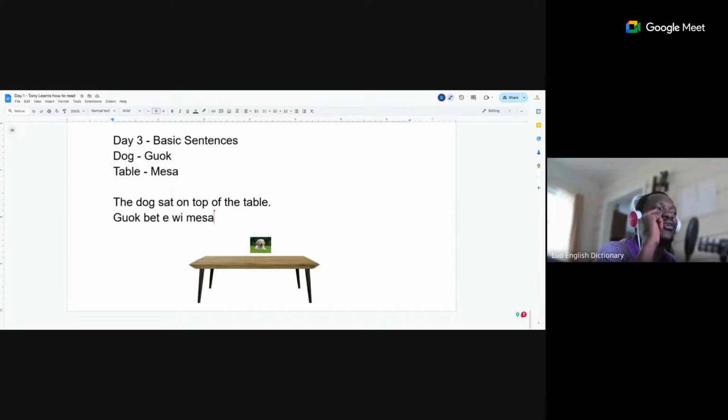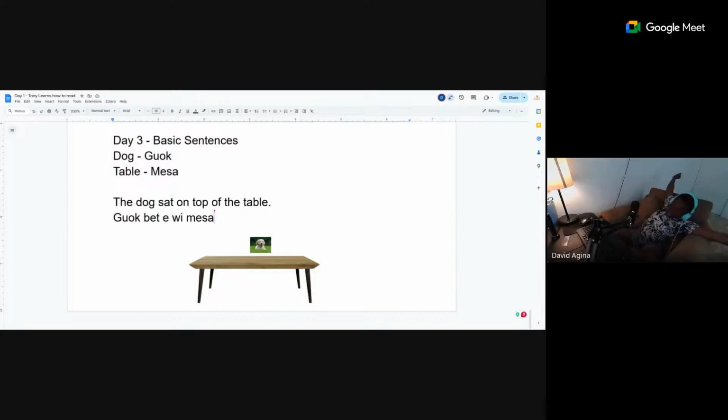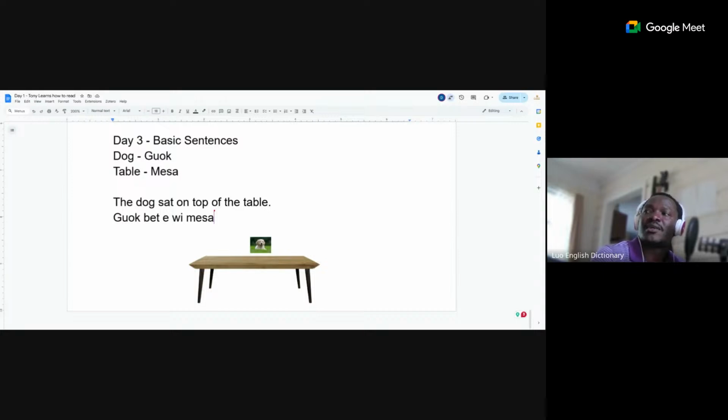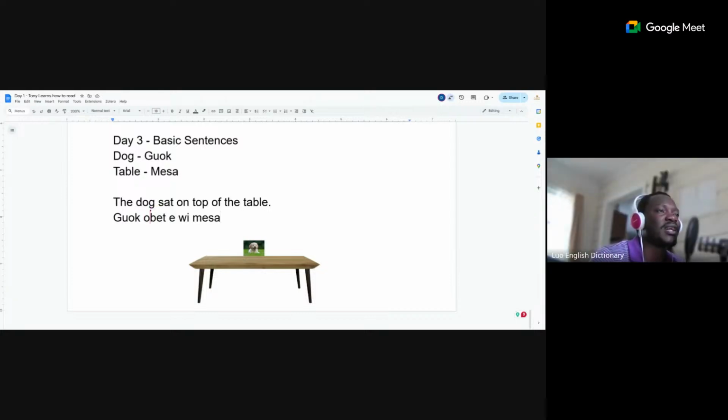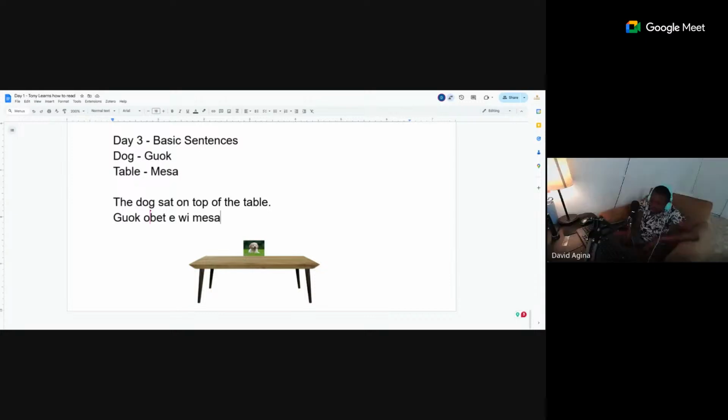Now we shall change bet to obet, because it is now sitting on top of the table right now. So the dog sat on top of the table, or the dog is sitting on top of the table. Guok obet e we mesa. Can you say that? Guok obet e we mesa.